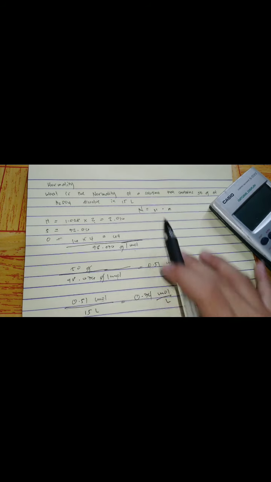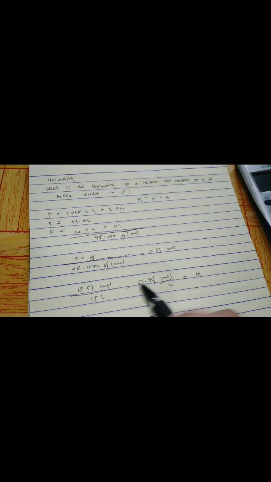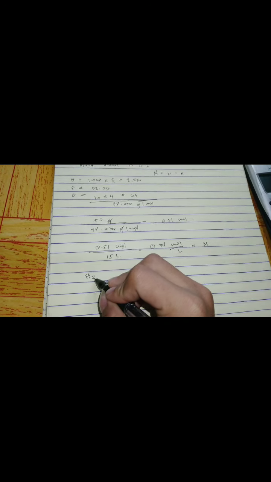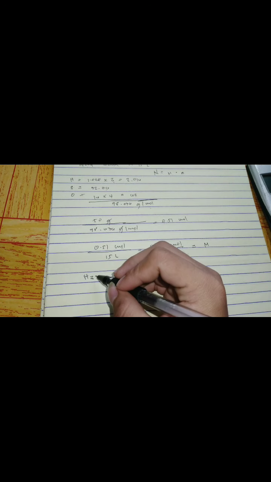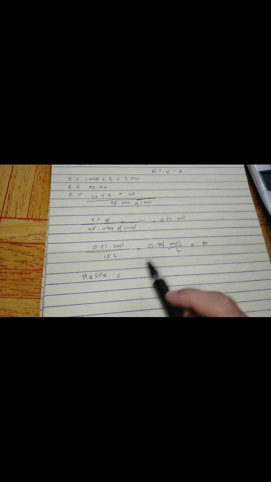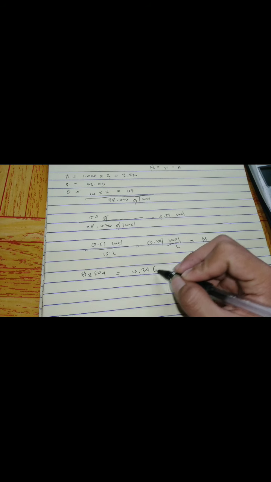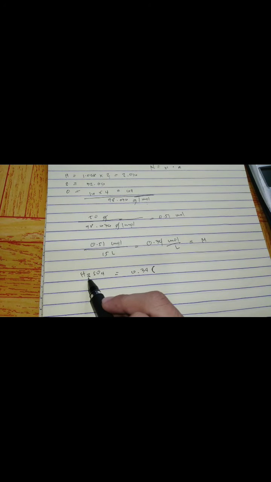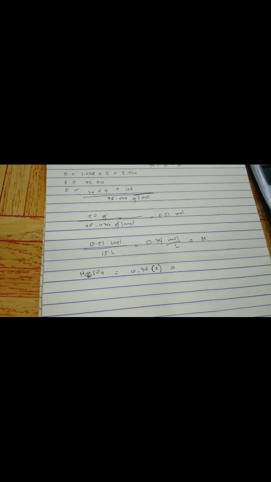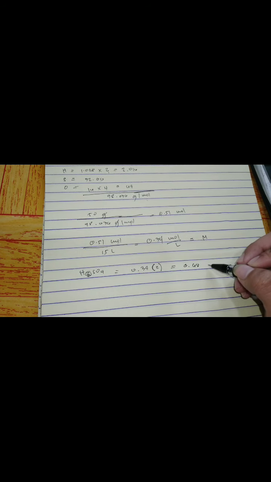And since our normality is equal to molarity times the number of moles, our compound, sulfuric acid, has the formula H2SO4. Our molarity is 0.34, and we multiply it by the two hydrogens, which is 2, and then we get the answer 0.68 normality.